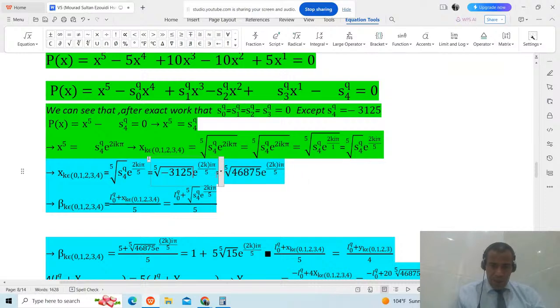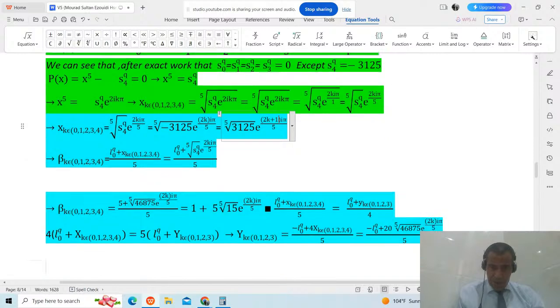So the negative sign I'll put here, clear? I'll just write 3125, then I will add here the 1 plus 1. Okay, this is the formula as it is now, no problem.